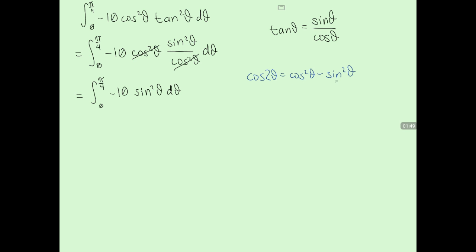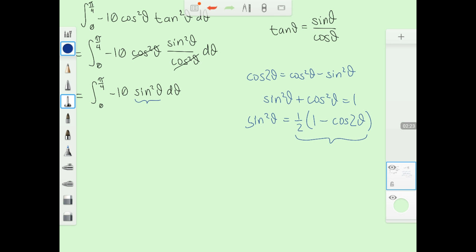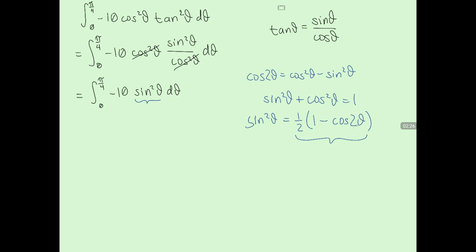And if we rearrange this in terms of sine squared theta, or if we plug in our Pythagorean identity, which is sine squared theta plus cos squared theta equals 1, then what we get is sine squared theta equals 1/2 of 1 minus cosine 2 theta. So we can plug this in to here. This is going to be slightly easier than having to deal with sine squares, because now we can deal with just a cosine 2 theta.